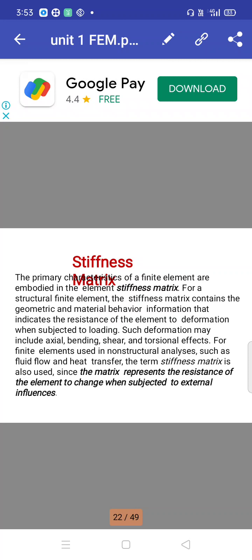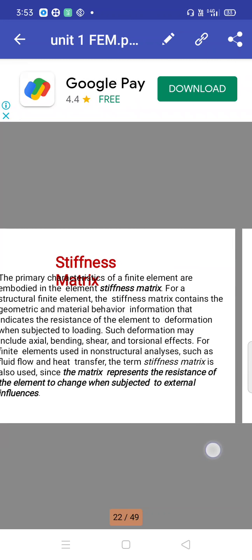Such a deformation may include axial, bending, shear, or torsional effects. For finite elements used in non-structural analysis, such as fluid flow and heat transfer, the term stiffness matrix is also used, since the matrix represents the resistance of the element to change when subjected to external influences.